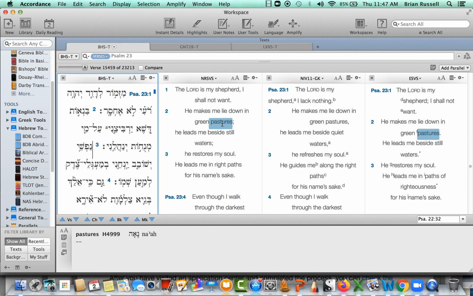So this is that progressive imperfect, just like we saw in verse 1 in the NIV, which is going to call into question, what we're going to see here is a whole bunch of probably progressive imperfects, which is going to call into question, why did the NRSV and the ESV not make I shall not want into I am not wanting or I lack nothing? So this is a place where the grammatical analysis has some exegetical significance.